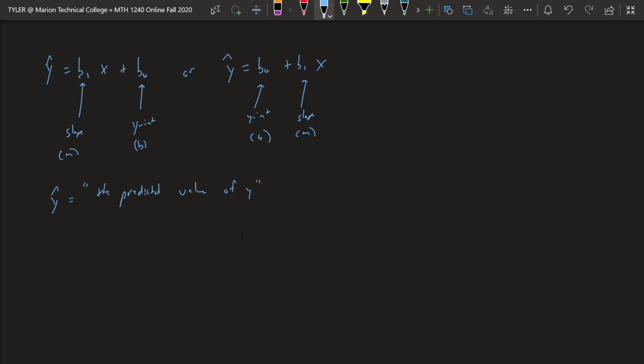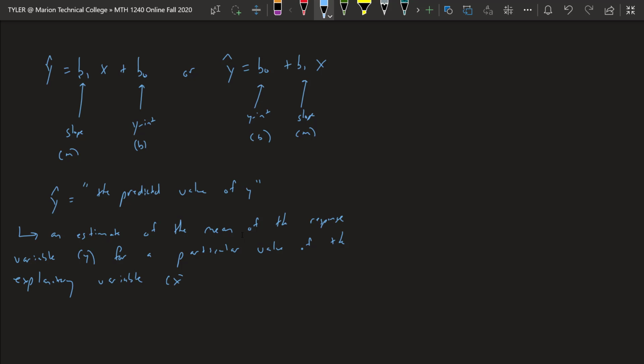Another thing I want to mention is that y hat is an estimate of the mean of the response variable, remember, that's the y, for a particular value of the explanatory variable, which is x.